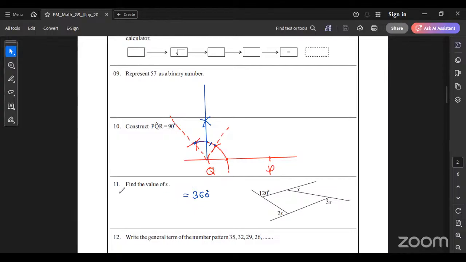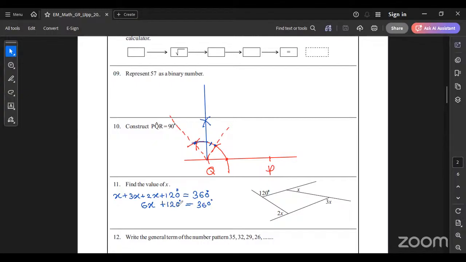Then altogether, x plus 3x plus 2x plus 120. 5x plus x, 6x. 6x plus 120 equals 360.